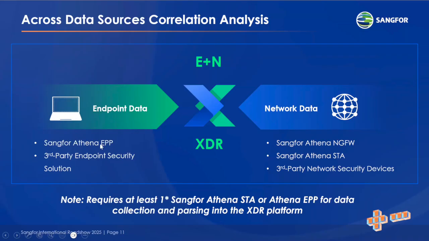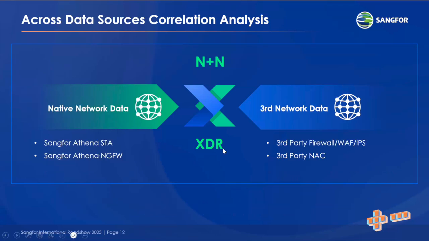So data comes from EDR, like Sophos Intercept X and CrowdStrike EDR. Data comes from our own firewall and our own NDR, from Darktrace NDR and also Link Shadow NDR, and other email security vendors. So we combine all the network and endpoint data to cover all the security angles.